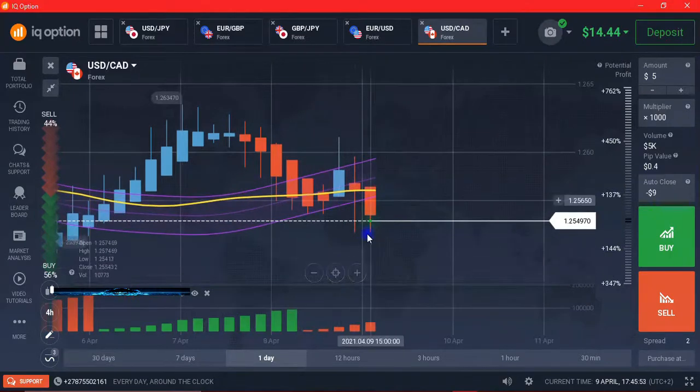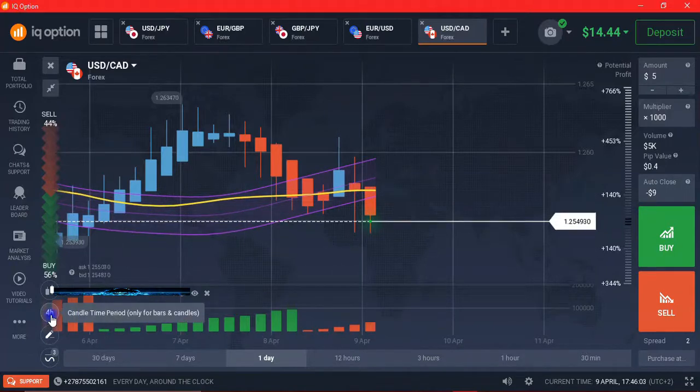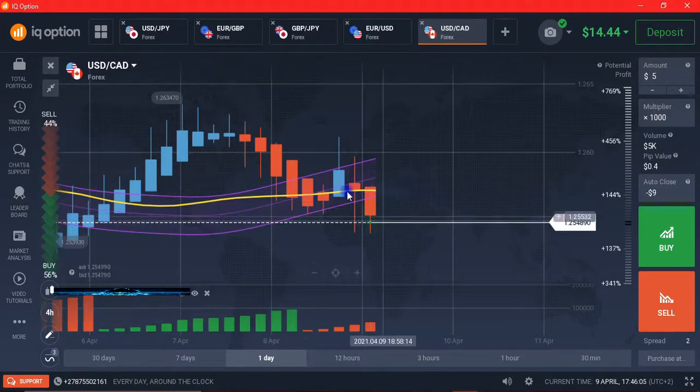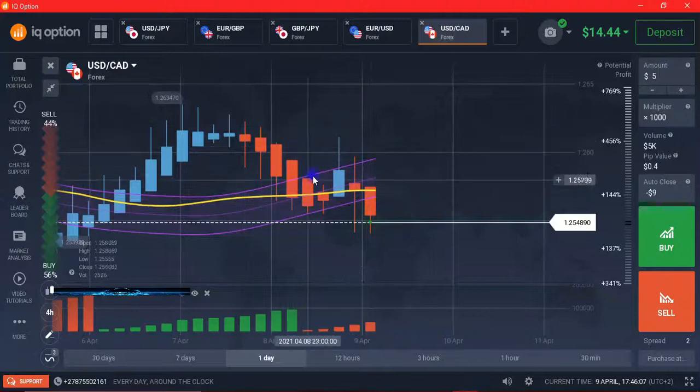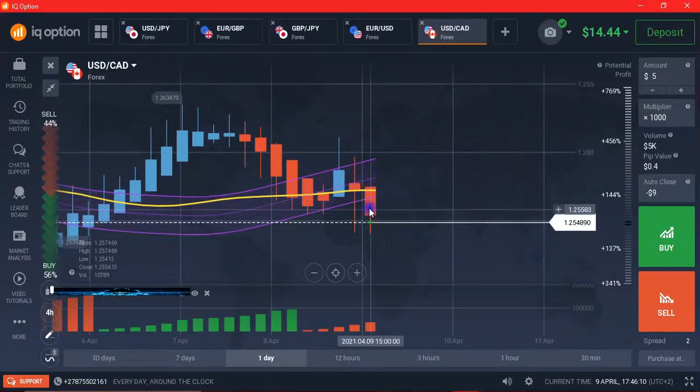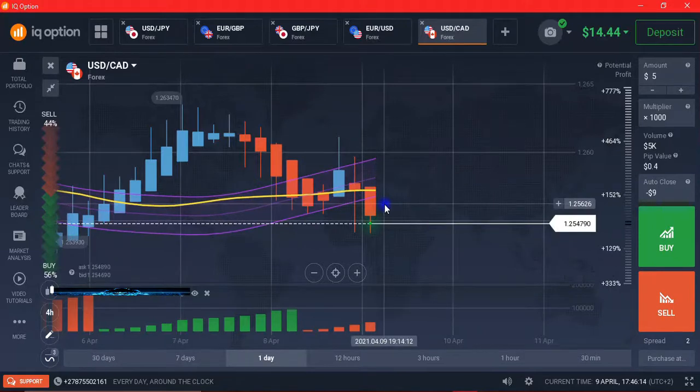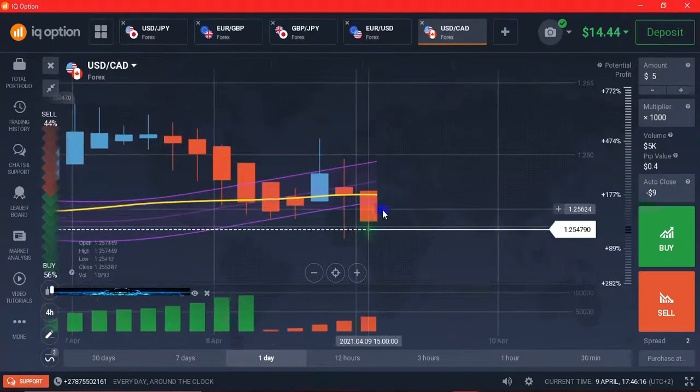So this one is going to be a good trade. This candle is going to expire after about 4 hours, maybe less, but maximum 4 hours, because I'm on the 4-hour time frame, and each candle represents 4 hours. So within the next 4 hours a new candle is going to begin, and hopefully this new candle is going to start just below this band right here.